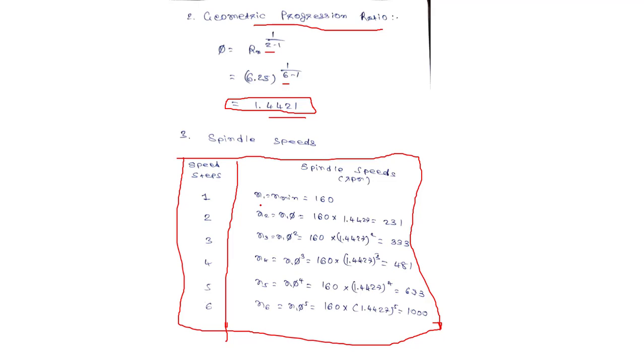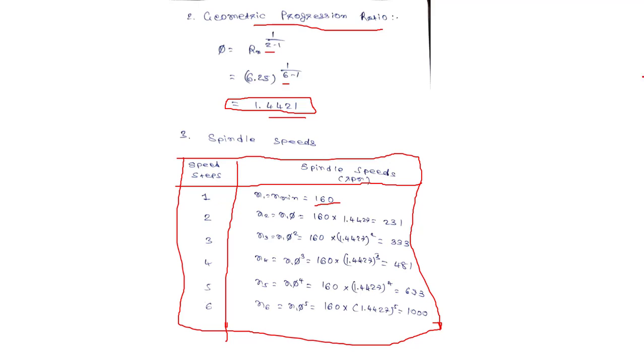For speed 1, N1 is N minimum and it is 160 rpm, and we are using the geometric progression law to find the different speeds. So N2 is equal to N1 into phi. Phi we already derived, it is 1.4421. So N2 is 160 into 1.4421.